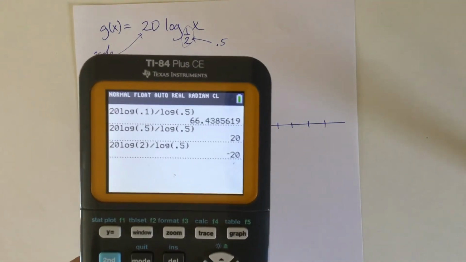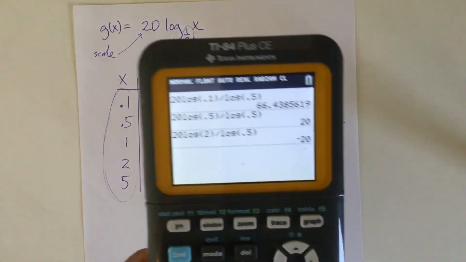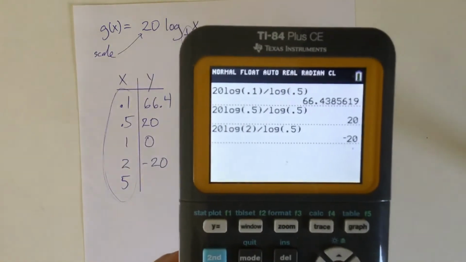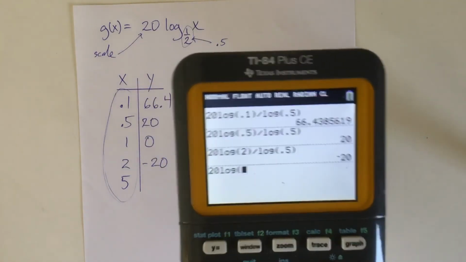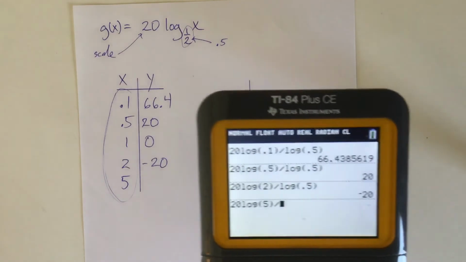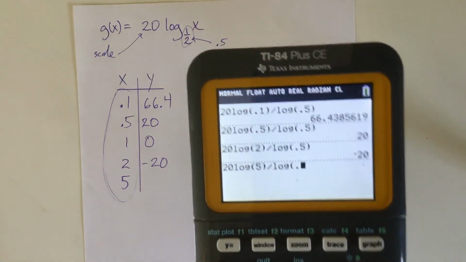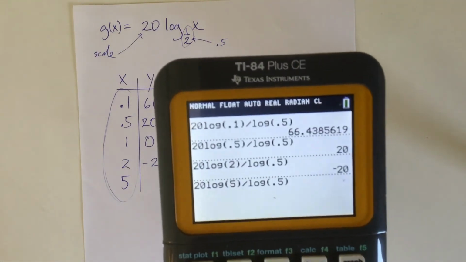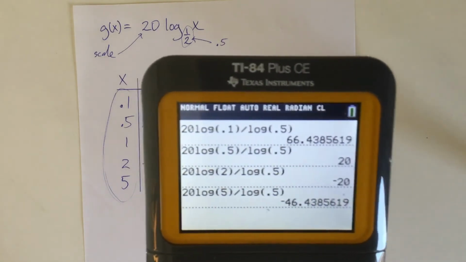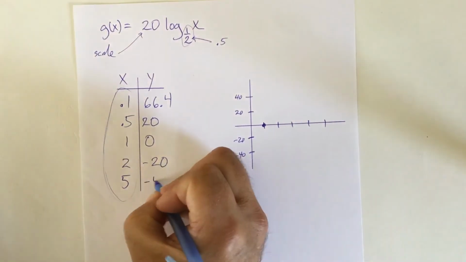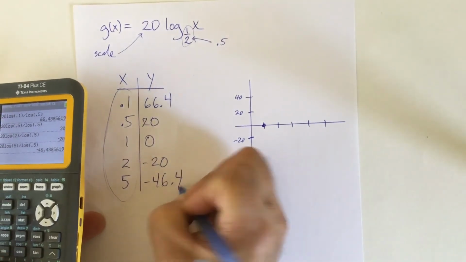There is a pattern there to be found. We will talk about it eventually. Now let's do the last one. So I'm going to do 20 log of 5 divided by log of 0.5. And what's my answer? Negative 46.4. Okay, I'll buy that.